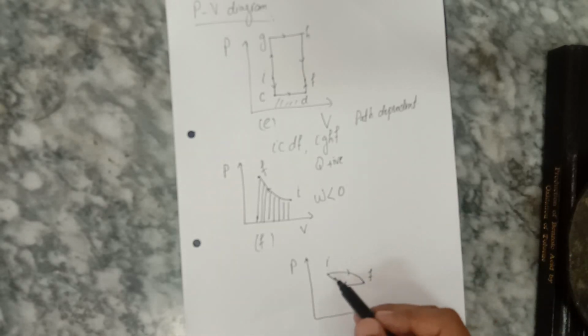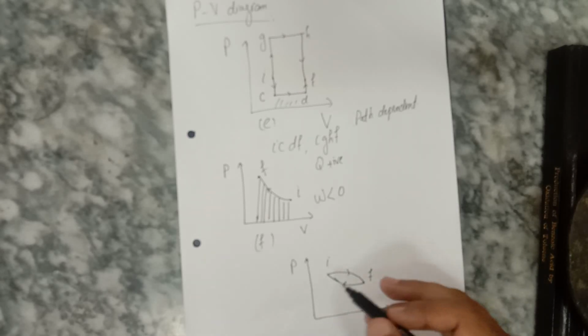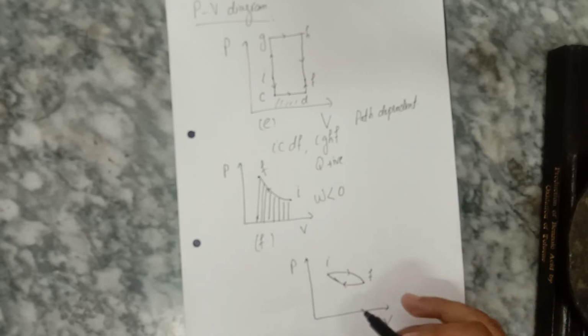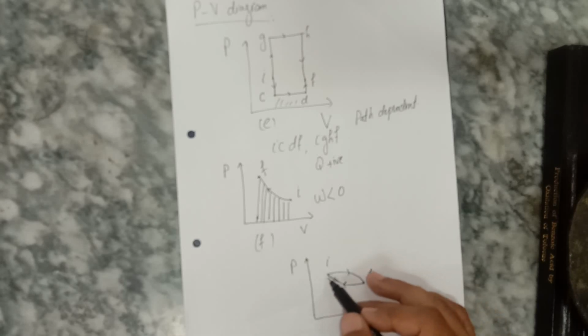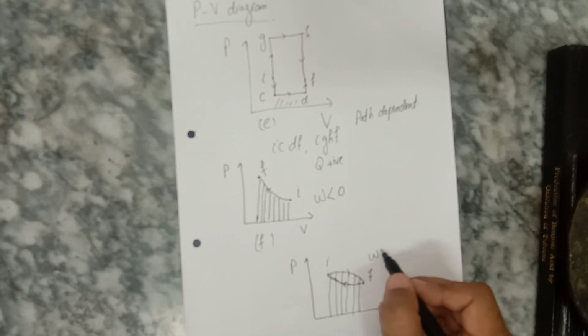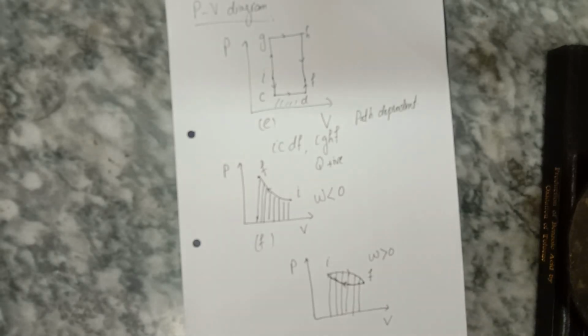So one can see that when I was moving from initial to final state, the work done is more than when I was moving from final to initial state. As you can see, the area under the curve for initial to final state would be larger, because the area inside is the whole work that has been done, and the overall net work done would be positive in this case.